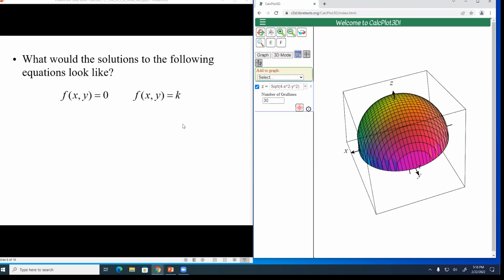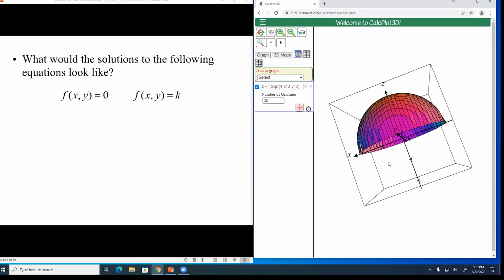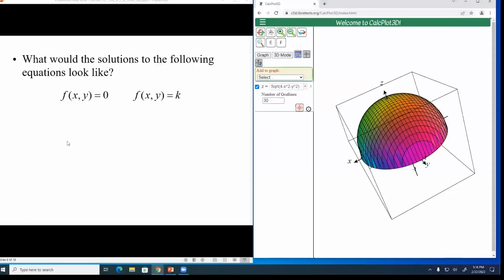So 1 or a half or 3/4. So we start to look at the 3D plot for particular outputs, because what that does is that creates functions of just x and y, which in 3D are just lines, as opposed to a whole surface.